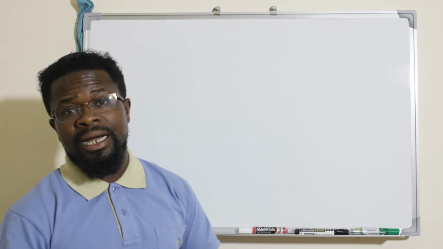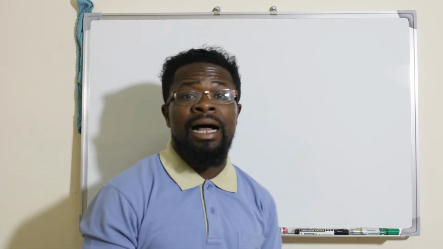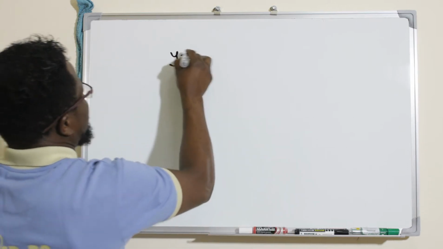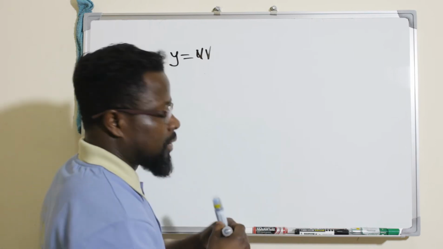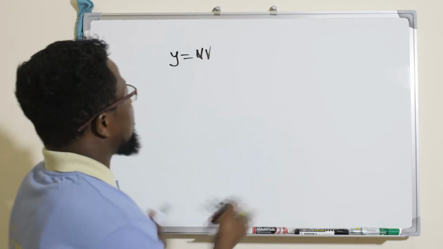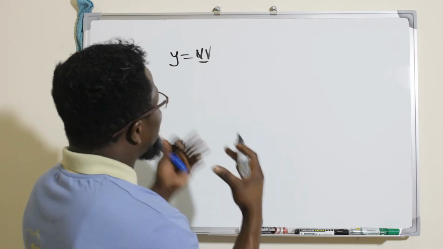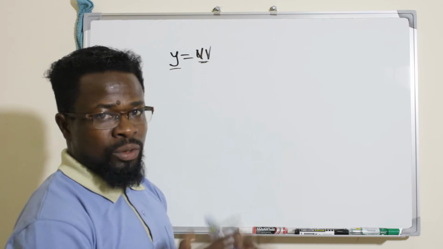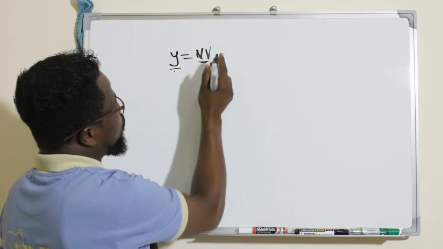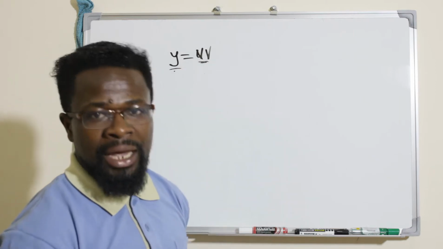That simply means that the product of the functions will be expressed as y equals uv or vu. There are two functions combined together and given as just one function. This one function can be expressed in terms of two functions, and each of these is also in terms of x.